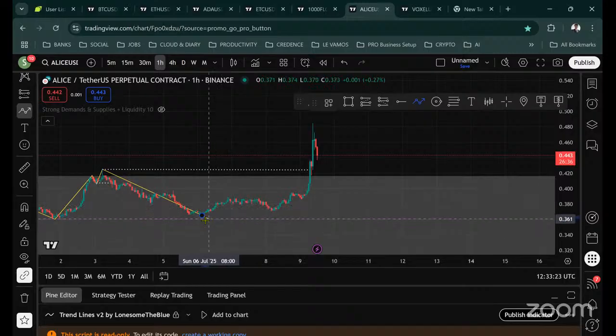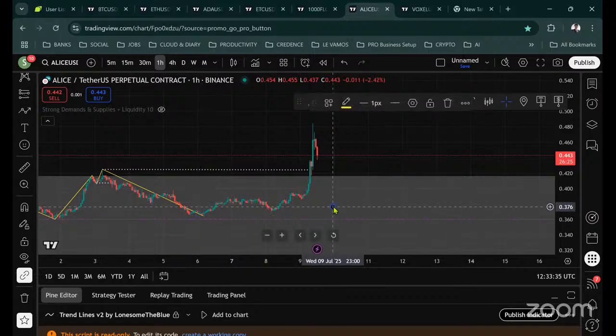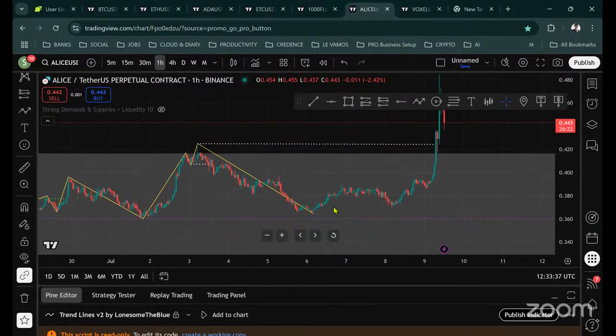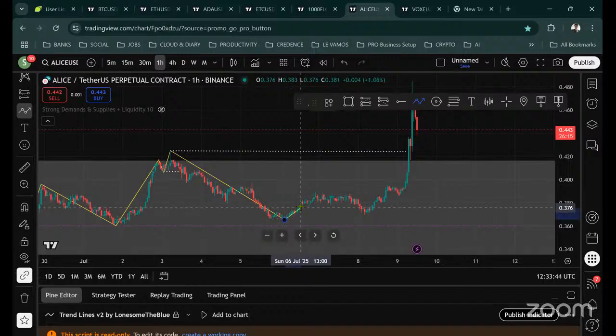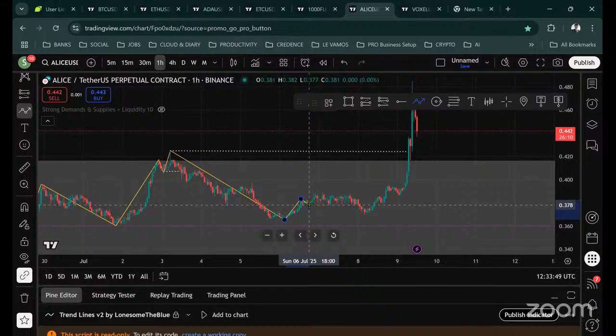So here, yeah, this is the next impulsive move. Right. Yeah, next impulse because this is the correction. This is the correction. So this is the next impulsive move. So a new impulsive move starts from there. Exactly. New impulsive move starting from here.